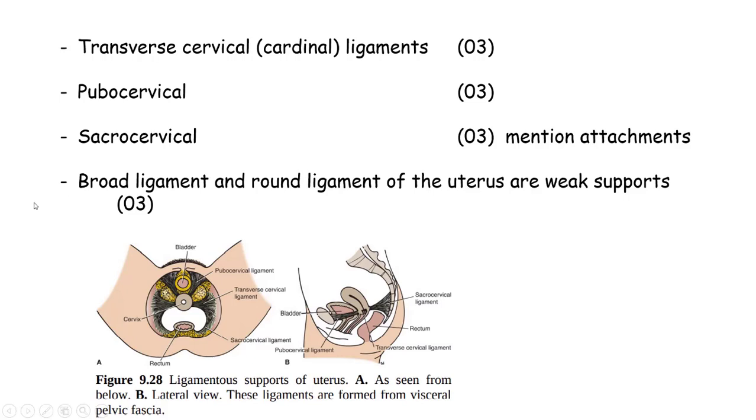And at the end of your answer, you mention a bit about the broad ligament, anatomy of the broad ligament and round ligament of the uterus. At the same time, don't write a lot of details about it, right? 2 or 3 sentences, and you mention the fact that they are weak supports. Again, you are telling us that you know something about it.